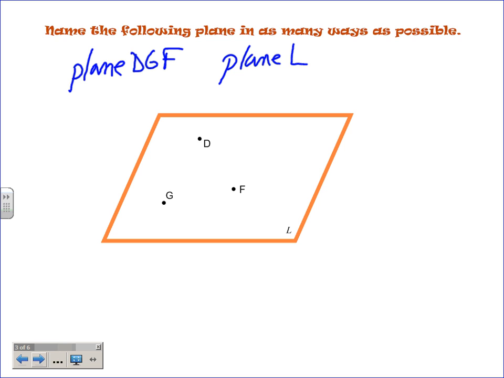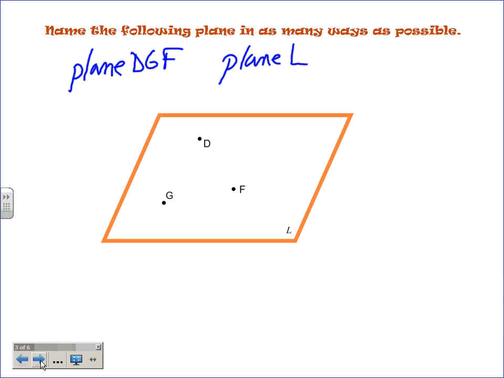Okay, this will be a hard one for those that are just listening to the recording, but for those that are here with me now, this is so that you can see what I'm doing. Because right there you have a plane, correct? Is it possible I could have another plane coming through like this that would also hit D and F? See how this plane could cut through just like that? So if you told me just plane DF, would I know which plane you're talking about if I had another one that cut through like this? D and F are on both planes, aren't they?